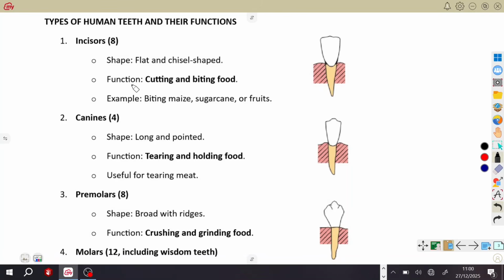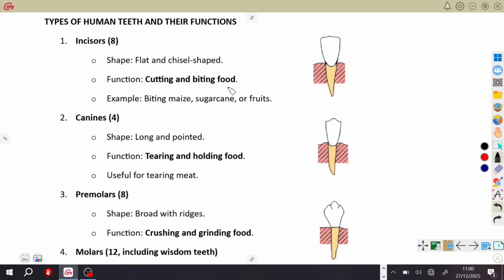Their shape is flat and chisel shaped. Flat on top here, you see, they're flat like that. And then they're like a chisel, the way they go like a chisel, which they use for cutting things. Okay? Then what is their function? Their function is cutting and biting food.